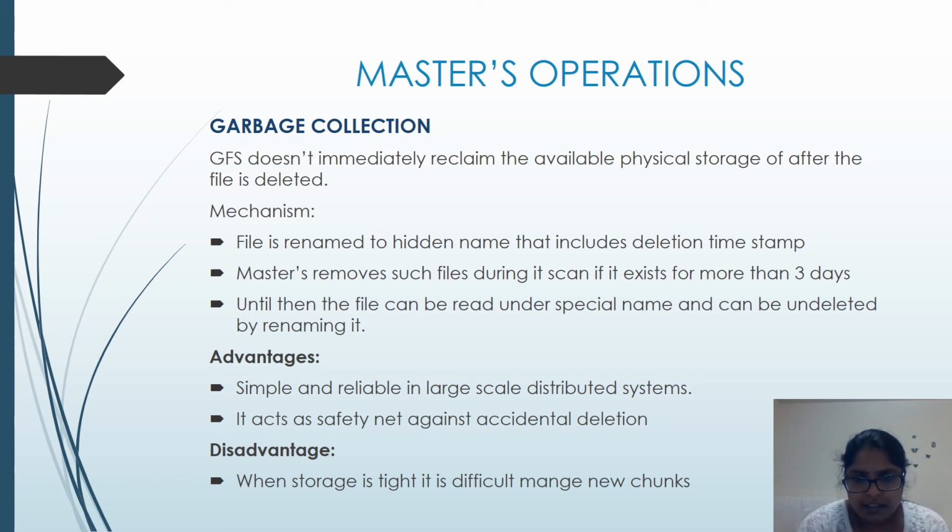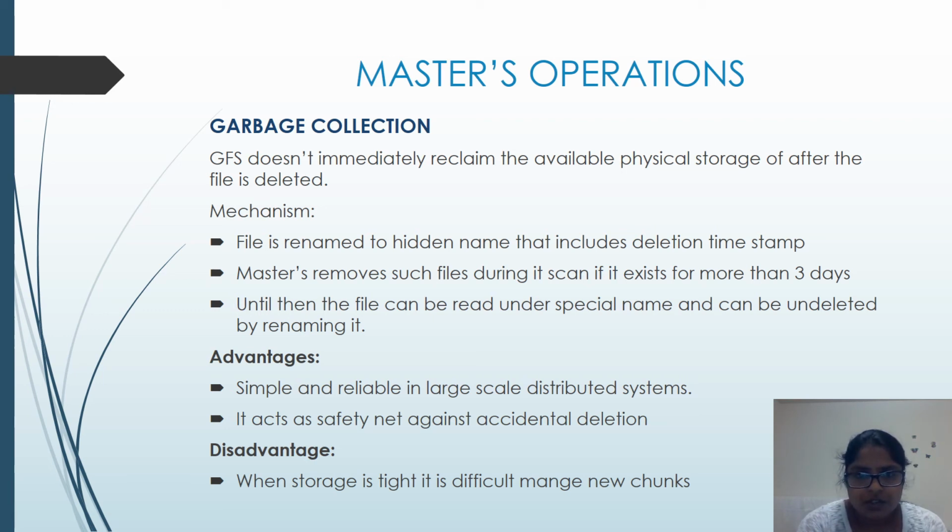During a regular scan, if the master sees a hidden file with a deletion timestamp older than 3 days, the master deletes it. Until then, within these 3 days, if we want to undelete it, we can get it back by renaming it, or we can use it through the special name.